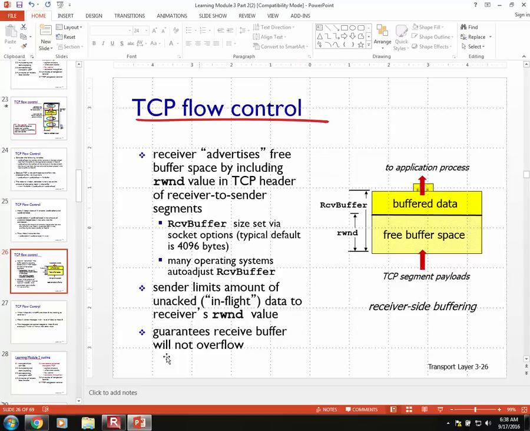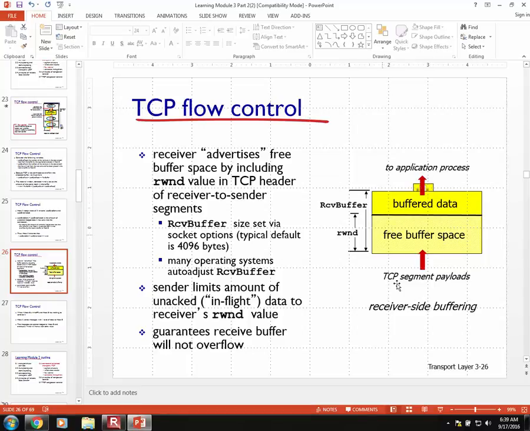In order for this to happen, the receiver advertises free buffer space by including the RWND value in the TCP header of receiver-to-sender segments. So here, on the receiver side, it's receiving TCP segments, going to the application process for the socket, and you have the receive buffer. The receive buffer has free buffer space, space left over for more TCP segments and buffered data that the application has not yet read.